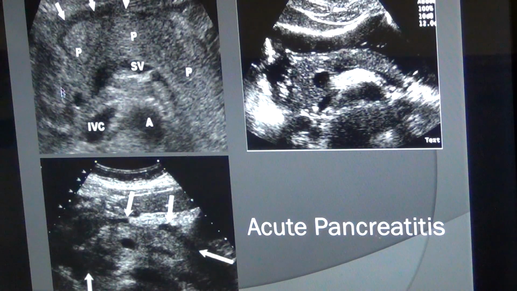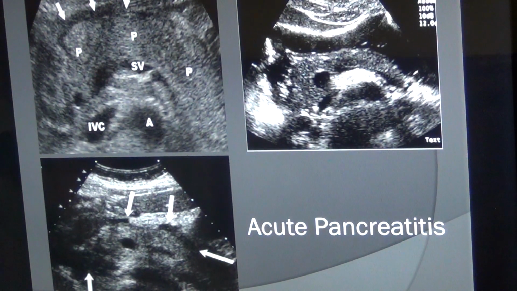Also you need to remember the duodenum is here. It obscures the head. The ligamentum teres is here. It obscures the neck. The pylorus is here. It obstructs the body, and the stomach is here. So it obstructs the tail. So that's why normally we don't see a very clean pancreas unless the patient is thin.